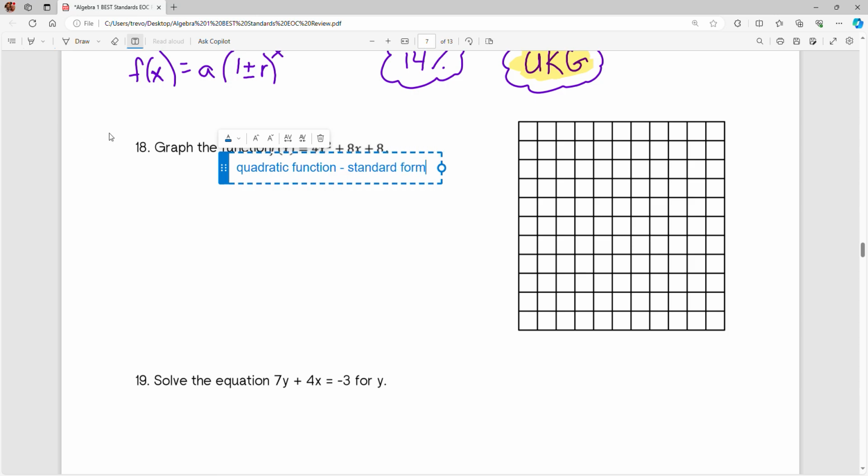And if you look on the reference sheet, that is the first equation under your 3 different forms of quadratic function formats. So our standard form, f of x equals ax squared plus bx plus c.